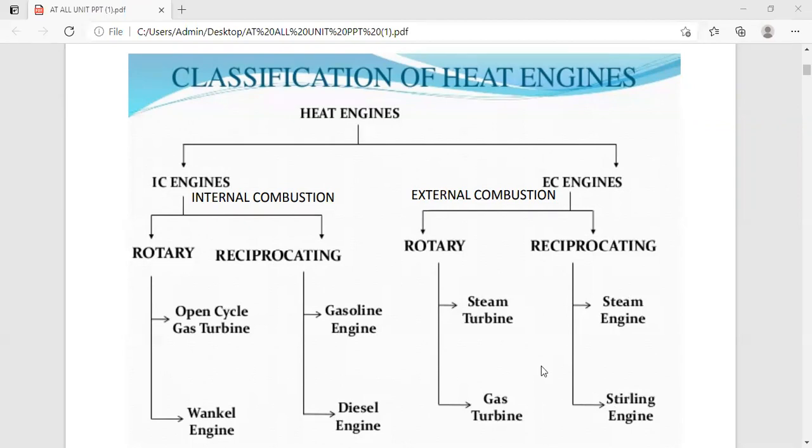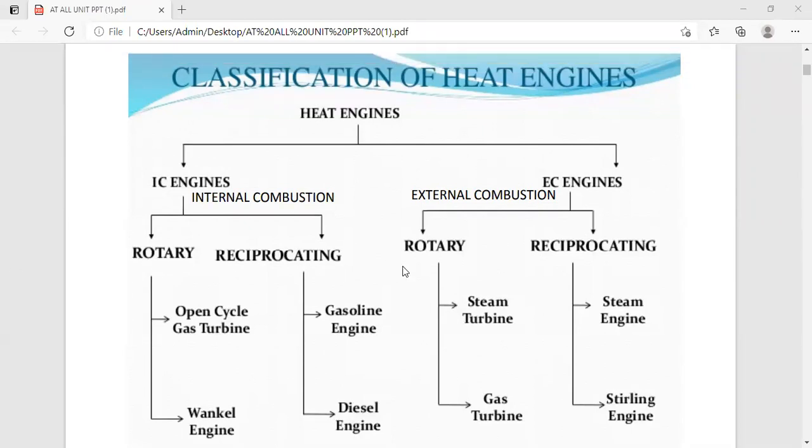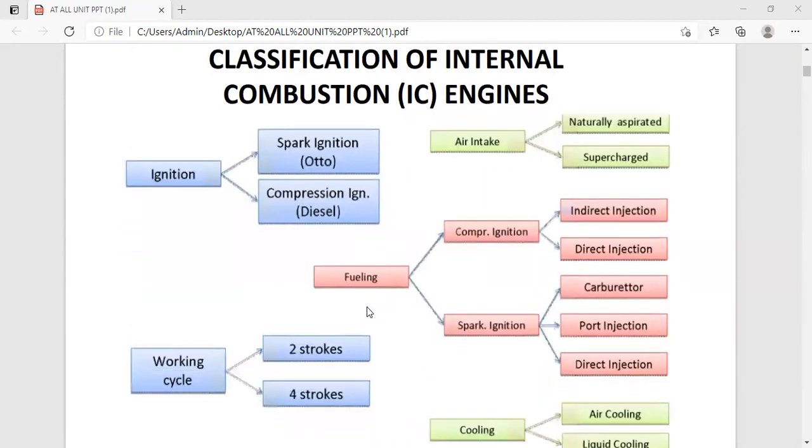Now, in the internal combustion engine, according to the basic engine design, we classify it as reciprocating and rotary. And if we classify according to the fuel used, we have the petrol engine, diesel engine, gas engine, or alcohol engine.